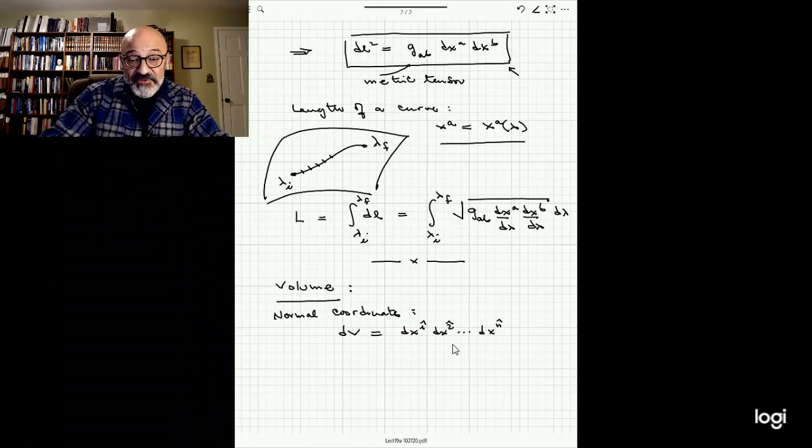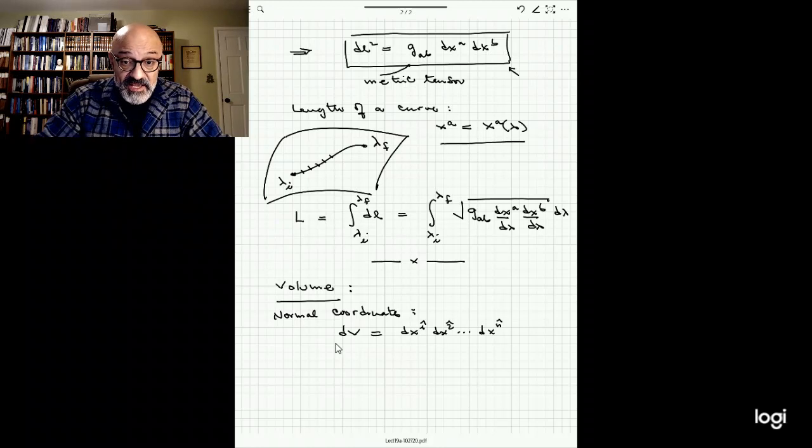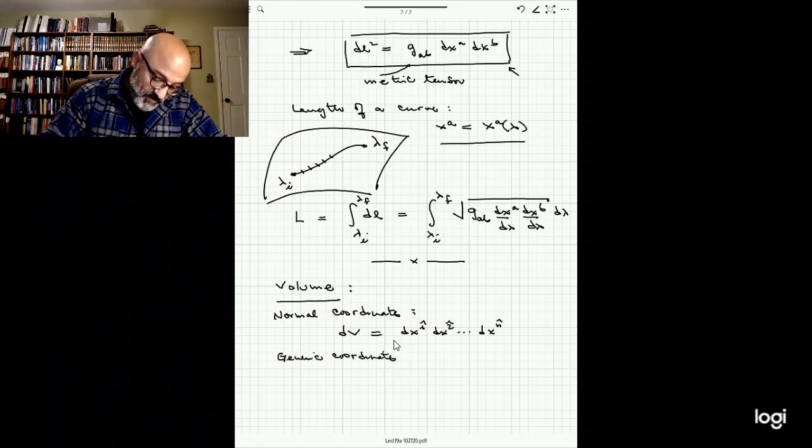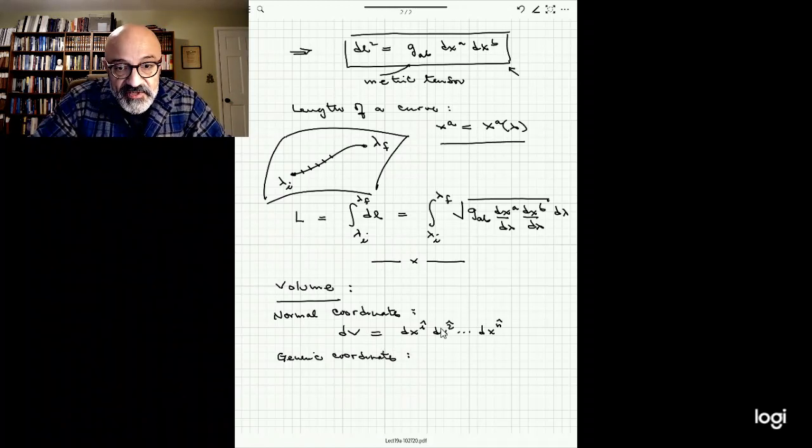If you now want to figure out what the volume looks like in generic coordinates, what we have to do is transform this volume here to the new coordinates, the old coordinates, the generic ones.